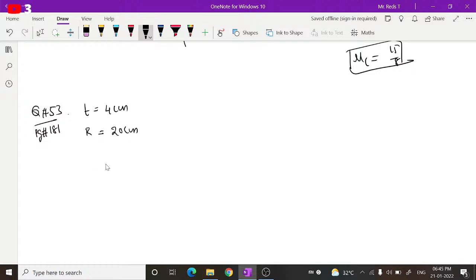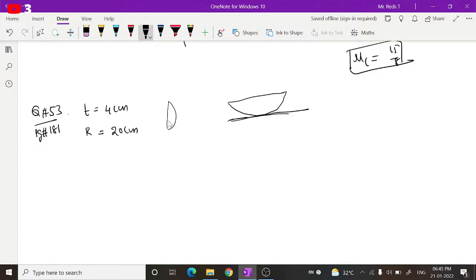When its curved surface is kept on the horizontal surface and viewed from top, its bottom appears to be raised by 1 centimeter. That means it is a normal shift. You have a plano-convex lens, and the curved surface is kept on a horizontal surface like this.